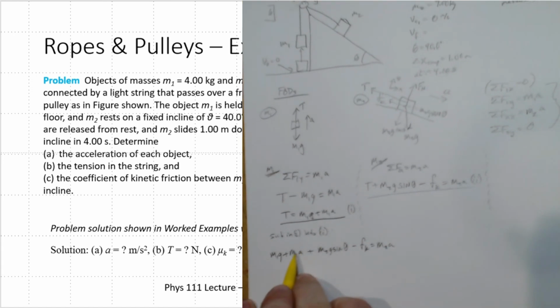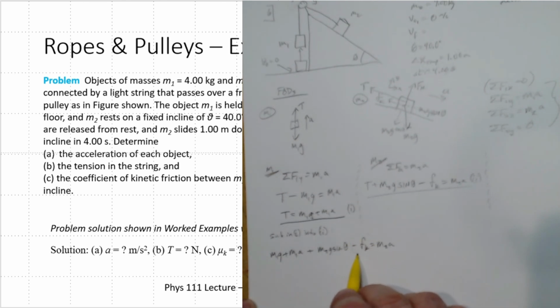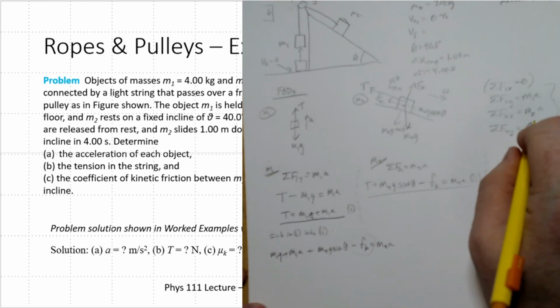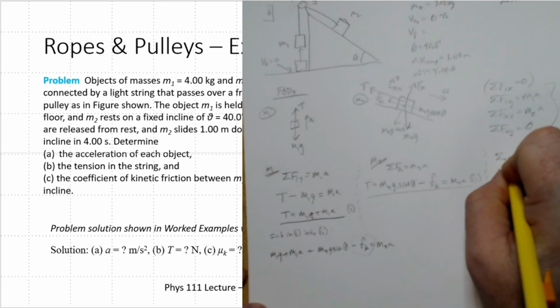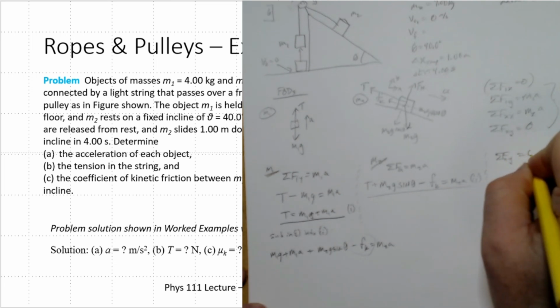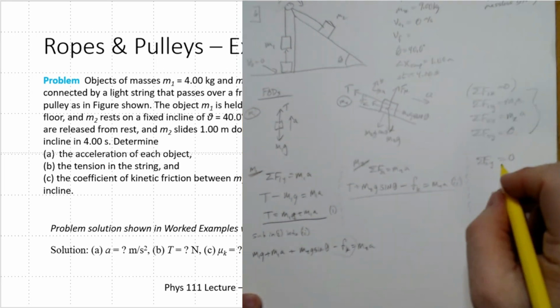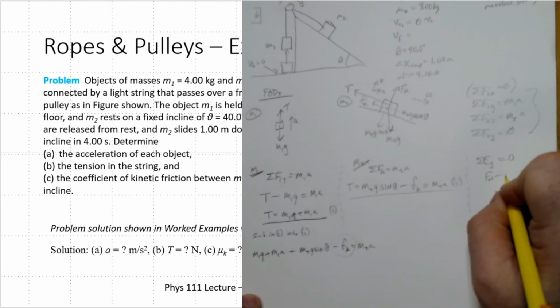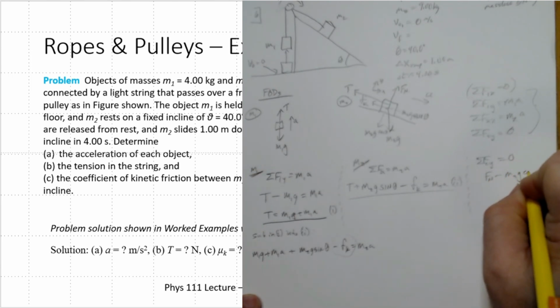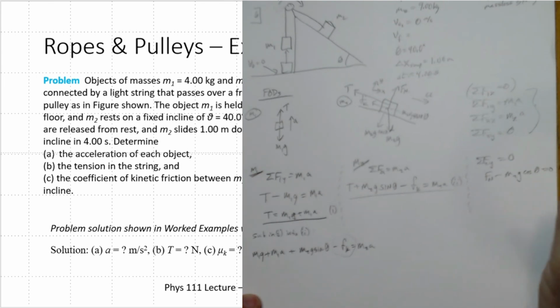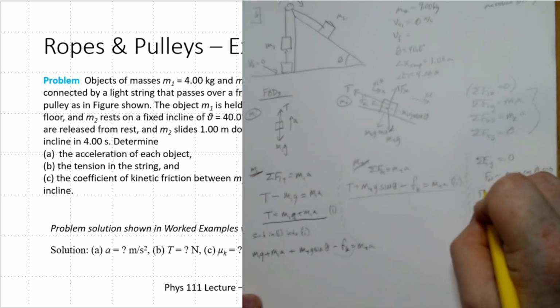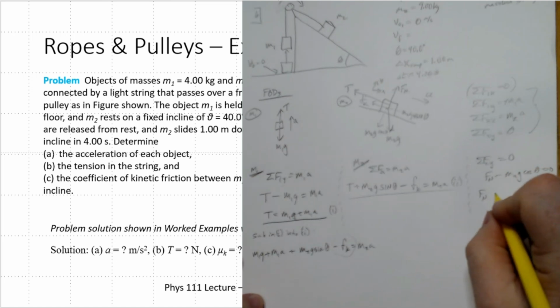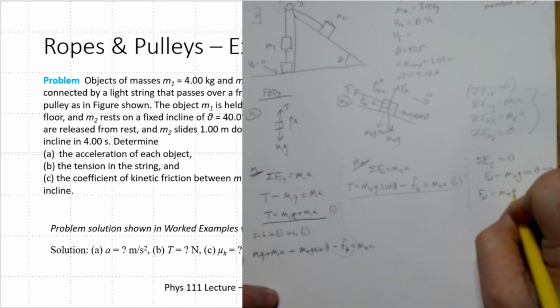We know the masses, we don't know the acceleration, and in order to get the acceleration we also need to know this. So let's go ahead and find this real quick. Our last sum of forces is sum of forces in the y direction for mass 2, which is 0. Normal force minus m2g cos theta equals 0, or as you can see where it's headed, that normal force is equal to m2g cos theta.